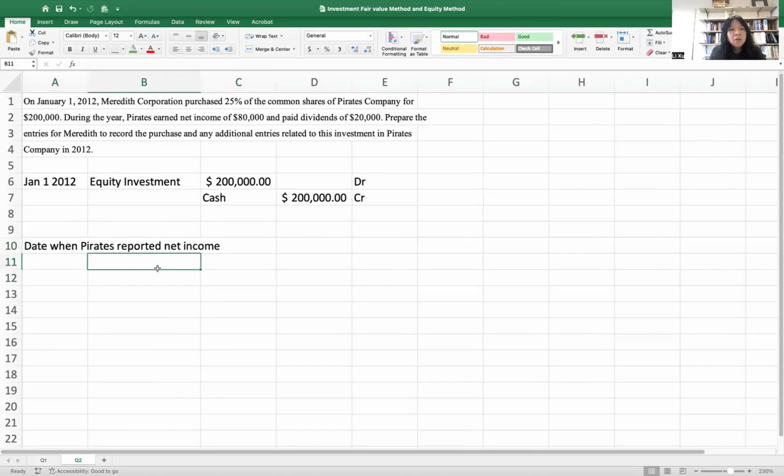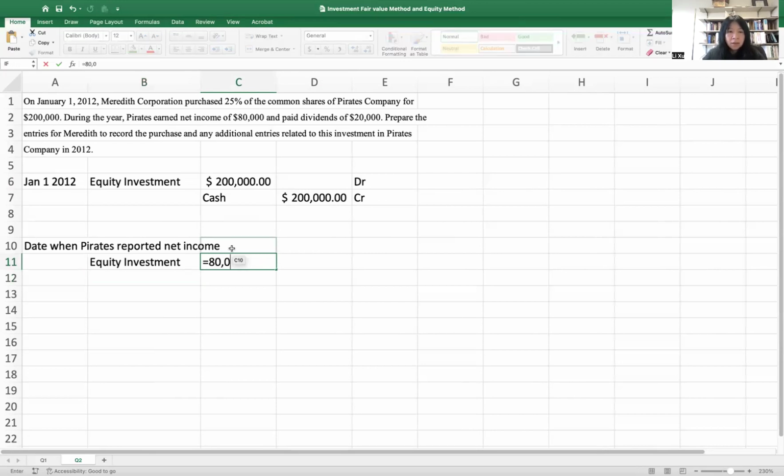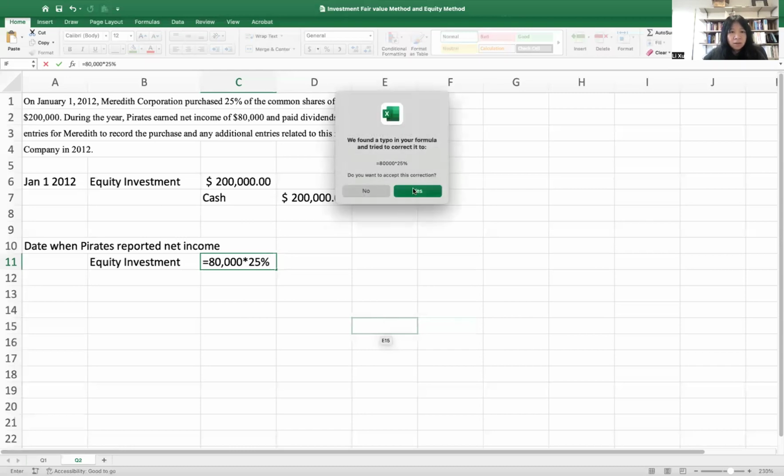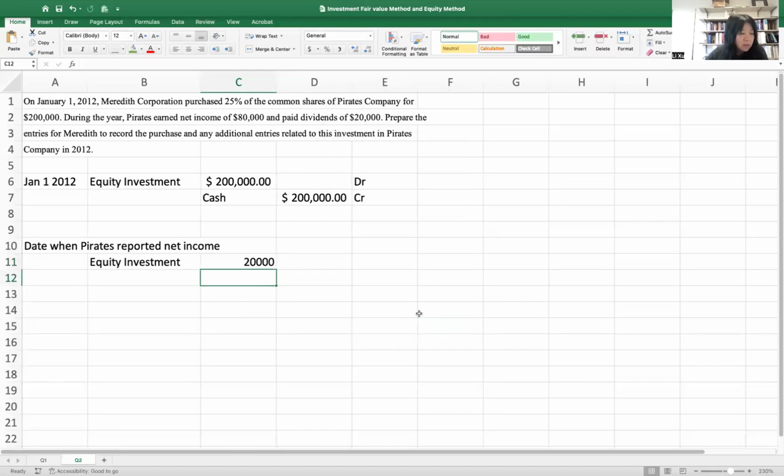The journal entry here is going to increase the equity investment. Why? Because the company you invested in is making a profit, and profit means an increase in your investment. So here it's going to be 80,000, the reported income, adjusted by the proportion of the ownership, which gives you 20,000.